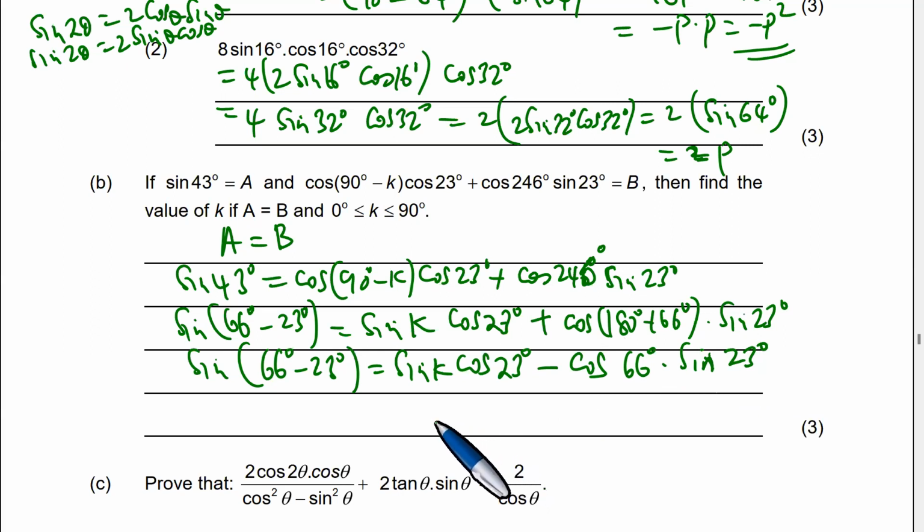So at this point this equals this. The 23 degrees on the left-hand side appears here as well, 23 and 23, then 66 and 66, which means K is 66 degrees.